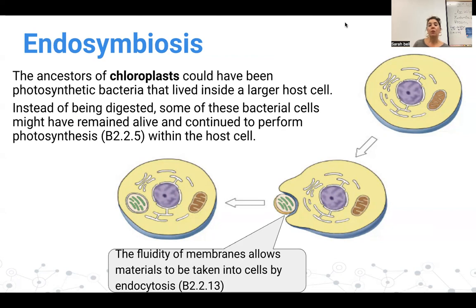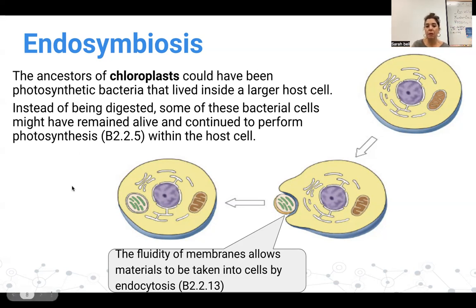So these photosynthetic bacteria actually remain alive, start to form a symbiotic relationship with a host cell, and ended up living inside the host and thriving. So if you're thinking to yourself, hopefully, what kind of cell would have a symbiotic relationship with a chloroplast? You're right. Plant cells, right? So this is essentially how plant and animal cells started to diverge.